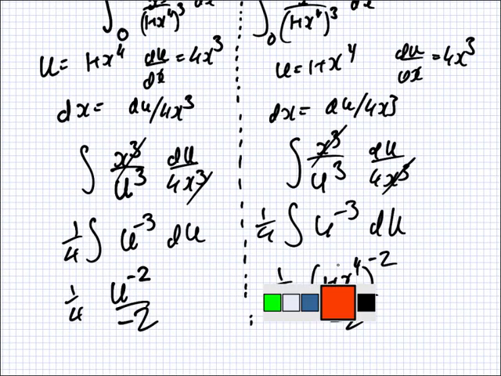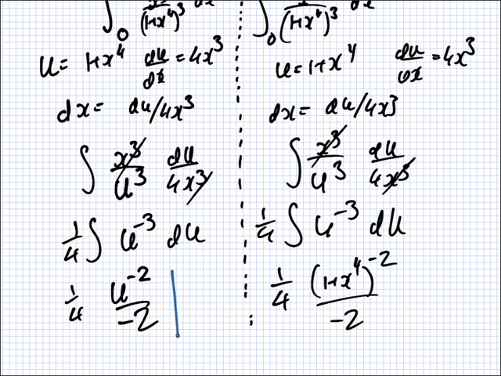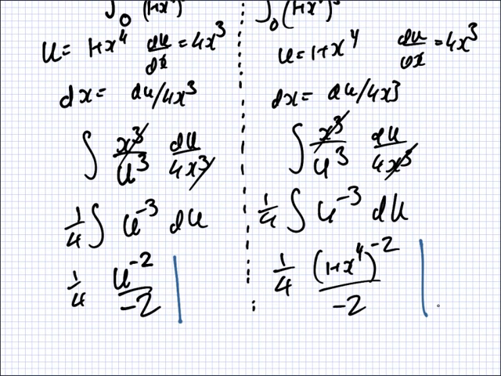So what I've done here is I have not returned back to x. Therefore, my limits are for the wrong thing. Here, I have returned back to x, so my limits can stay at 0, 1. But these limits cannot be 0, 1 because those limits were for x and this is u.